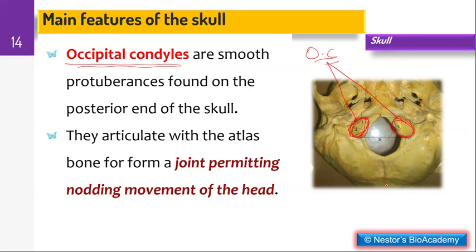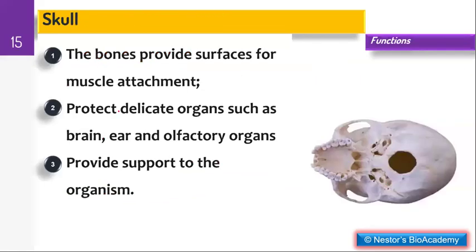If we were to look at the significance or the functions of the skull, it is important to know that the bones of the skull provide surfaces for attachment of muscles. At the same time, they're very important in protection of the delicate organs.